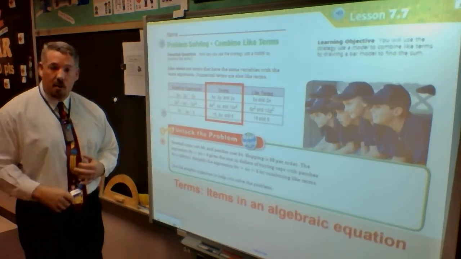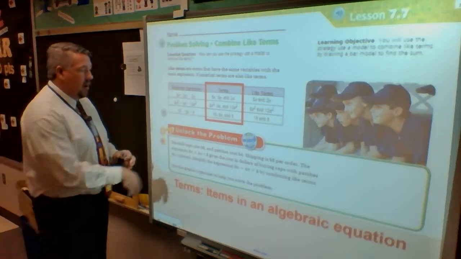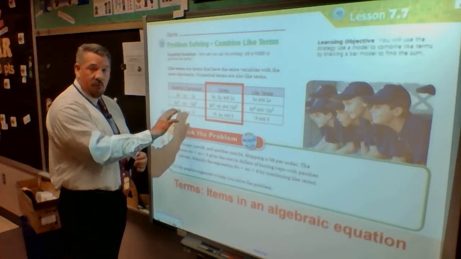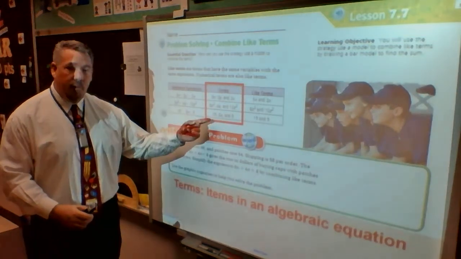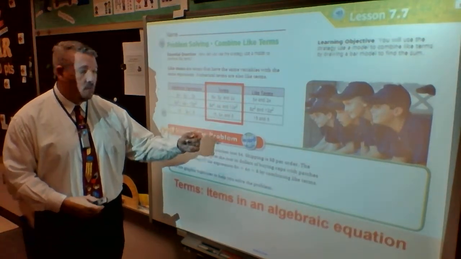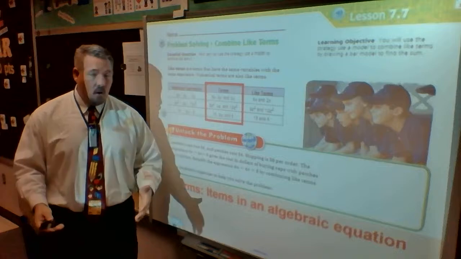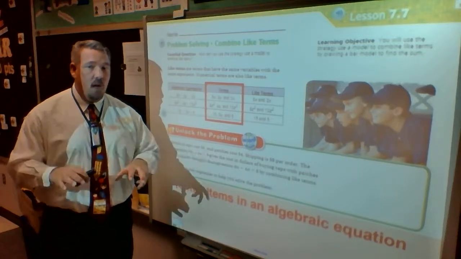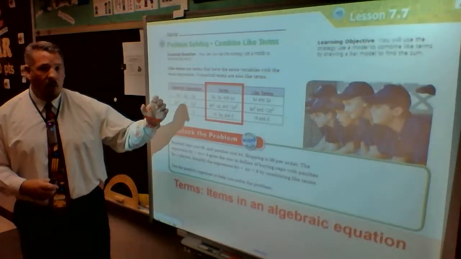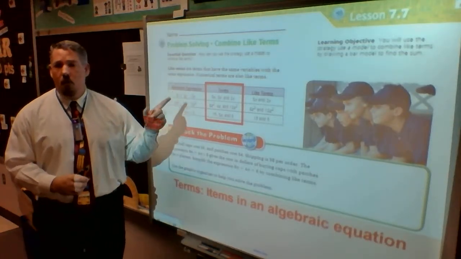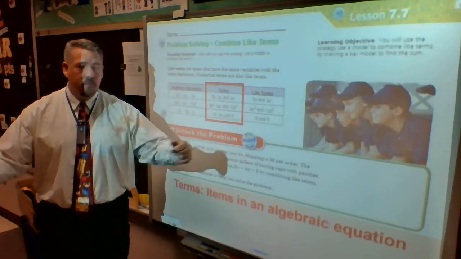They can indeed be numbers by themselves. Here I have 15 minus 3x plus 5. The terms are 15, 3x, and 5. So the terms that seem to confuse a lot of you, even though it was a vocab word in your book in 7.4, are just simply the things inside of a math problem without the math work included.